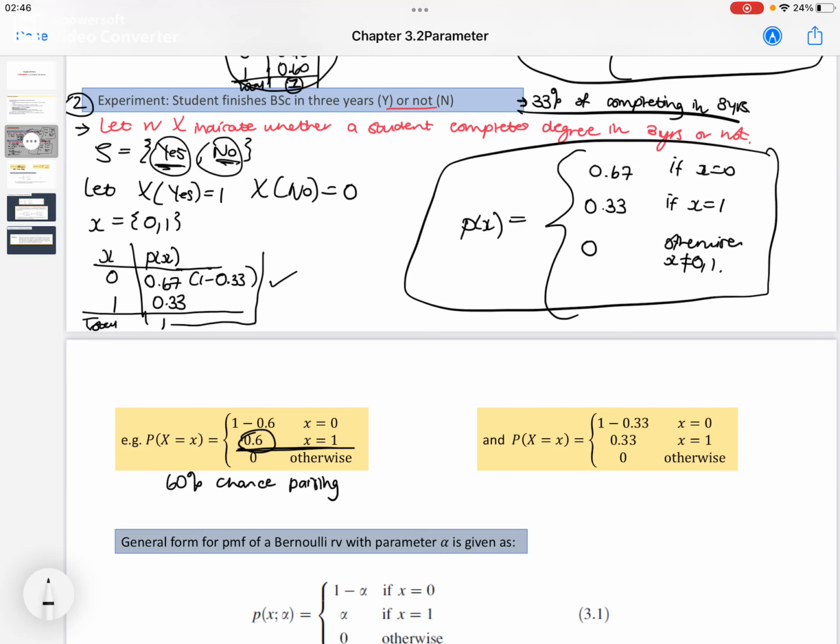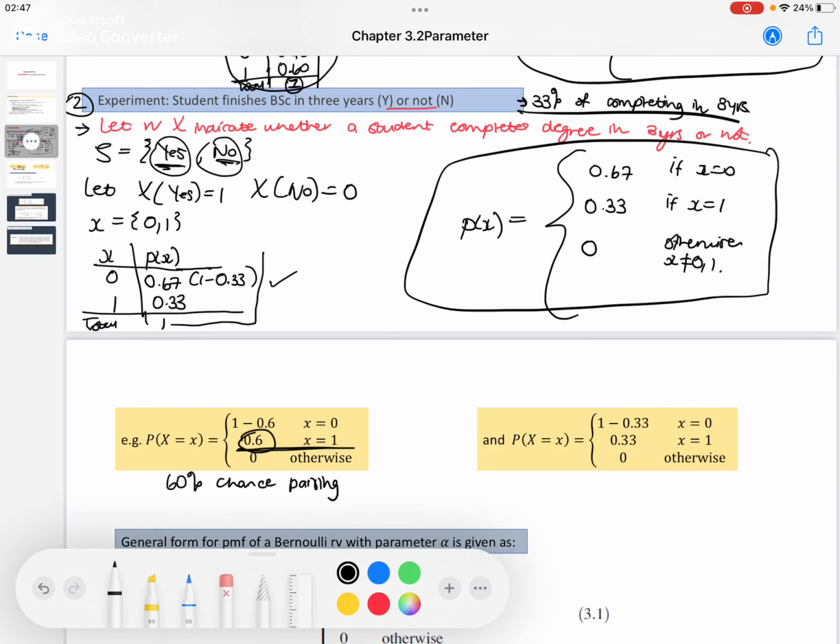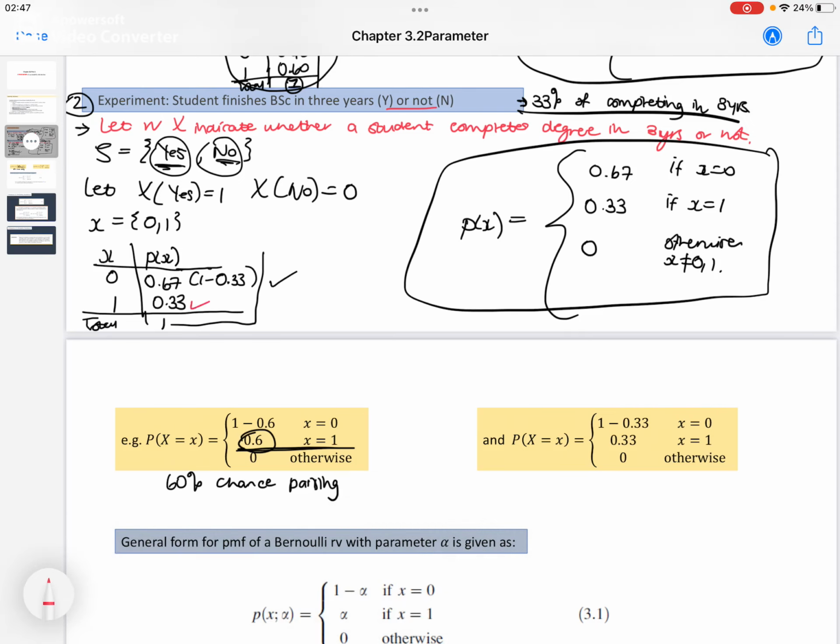So if we have the probability of x equal to 0, then for sure you will know how to calculate the probability of x equal to 1, right? Since the total probability, if we add up the two probabilities for x equal to 0 or x equal to 1, must add up to 1. So if you have one of these probabilities, then the probability of observing the other possible value is equal to 1 minus the probability that you have there.